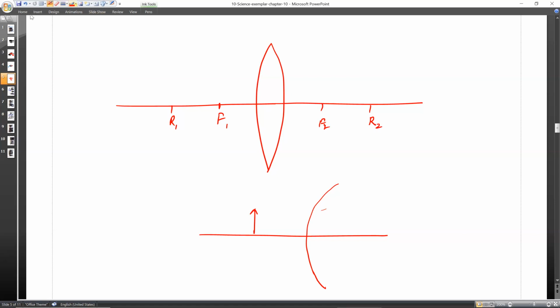Now, simple. If the object is placed beyond R, then the image will be formed between R and F. Because the object is away, the image will be diminished. Got it?